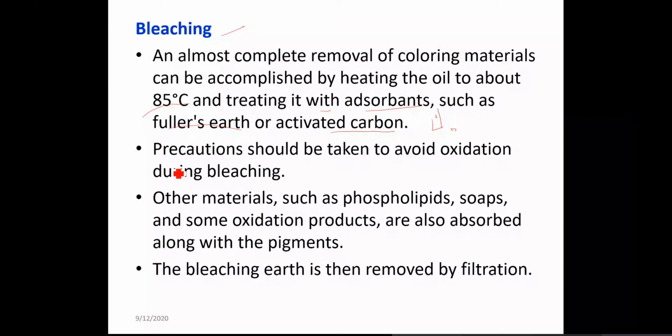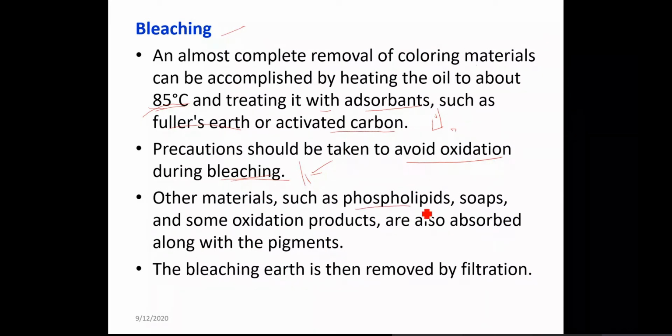Okay, so here precaution should be taken to avoid oxidation during bleaching. With bleaching agents like activated carbon, or at a high temperature, there should not be any oxidation taking place. So the care has to be taken, and in the industries, of course, they do take a lot of care so that oxidation is avoided.